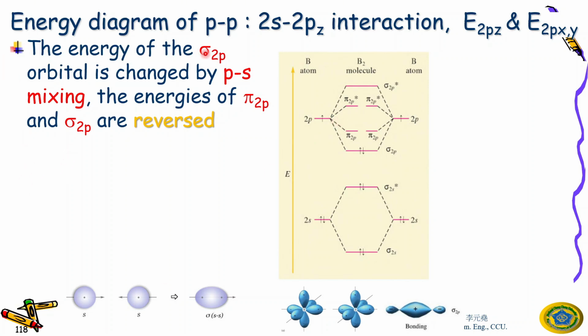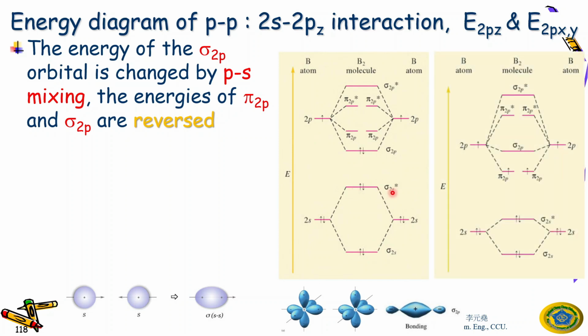The energy of the sigma 2p orbitals is changed by s-p mixing. The energies of the pi 2p and the sigma 2p are reversed. What's going on? This one and this one are reversed because of the interaction of this one and this one. So it looks like this. Actually, this is the real energy level diagram.